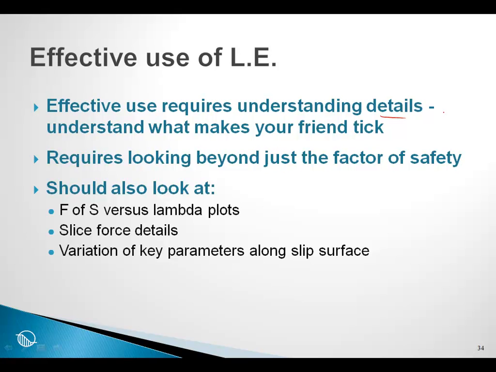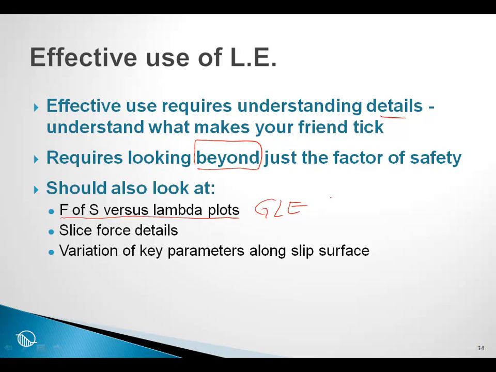Understand, for example, what makes your tool tick. To make effective use of SLOPE/W requires looking beyond just the factor of safety. You cannot simply look at the factor of safety and say, I'm done. There is more to the interpretation than that. You should, for example, look at factor of safety versus lambda plots, the GLE plot.